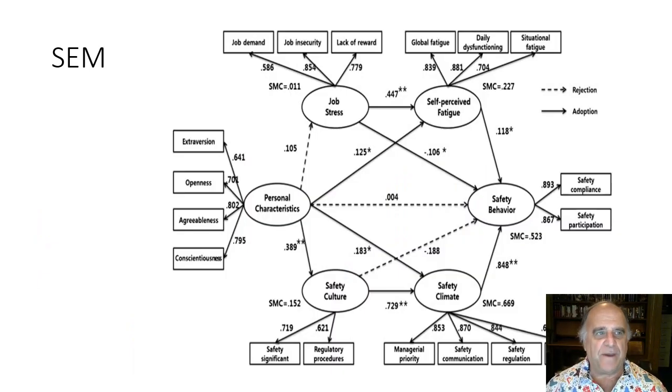Okay, by now you may be thinking, why is this guy harping about HARKing? And why is he so adamant about SEM? I just thought I'd throw this up here as a fairly typical, maybe not even one of the most complex, structural equation modeling models.